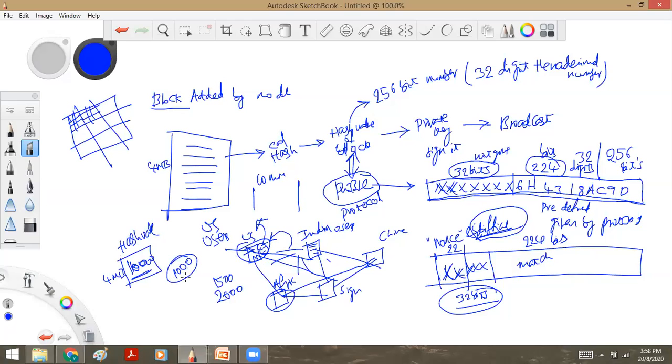It will calculate the hash value and compare if it is matching. Not matching, remove a few transactions, include new transactions, and so on. Like that, every node will be doing the same process of permutations and combinations. Meanwhile, within 10 minutes, there will be one node which will solve the puzzle.